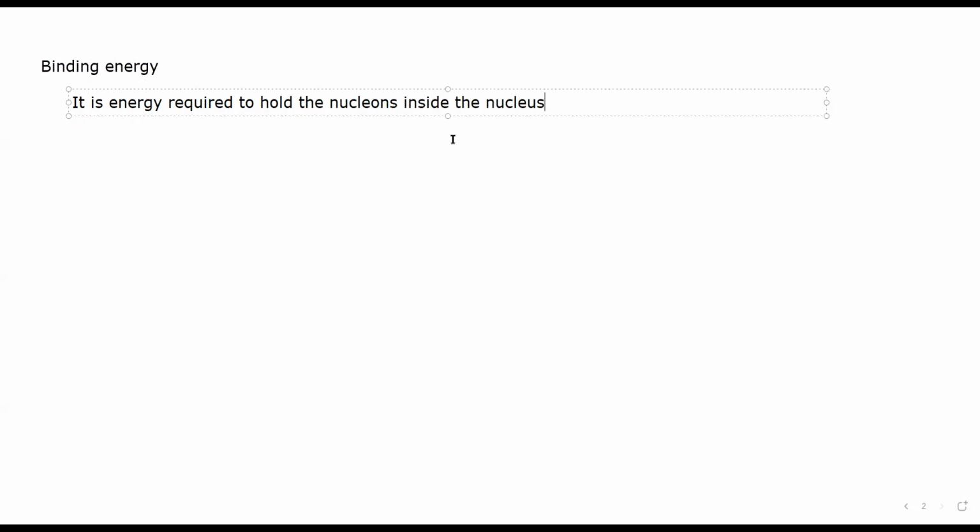So from where is this energy coming? The origin of this energy is the mass defect. What is the meaning of mass defect? For example, you have two protons and two neutrons.